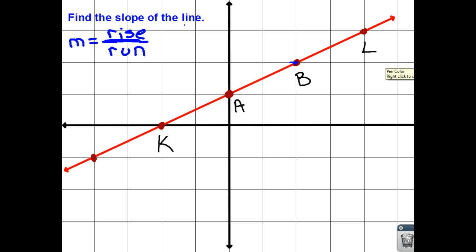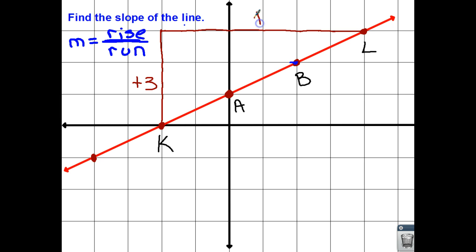So let's pick out K to L. If I were to go from K to L, I would have to rise 1, 2, 3 units. So when I go upward, it's 3. And when I run across to get to L, 1, 2, 3, 4, 5, 6 units.